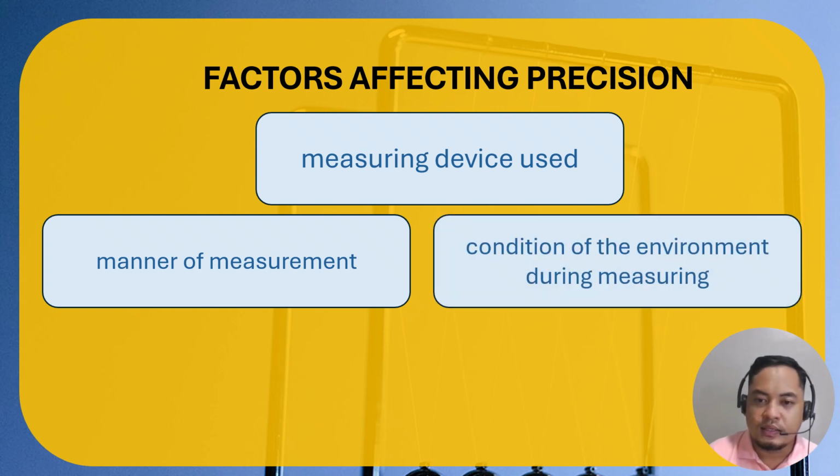Okay. And condition of the environment during measurement, it's very common and it's unpredictable because, for example, you are measuring the time, how long it takes for this solution to boil in a supposedly controlled environment. In order for you to achieve a precise, or let's say accurate measurement or data, of course, the environment should be constant. The temperature around is constant, but sometimes we cannot control it.